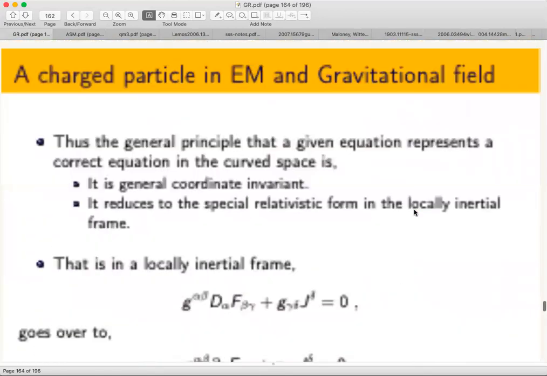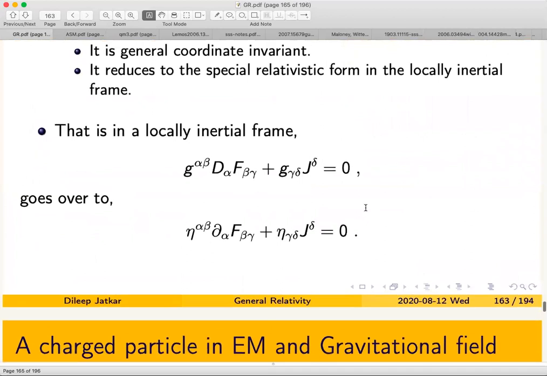See, the point is that this equation is a tensor equation, right? So if you started off with the charged particle and you are in a freely falling frame, then initially of course nothing is happening.